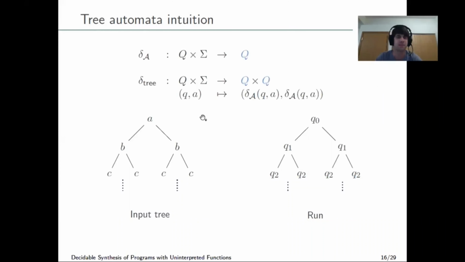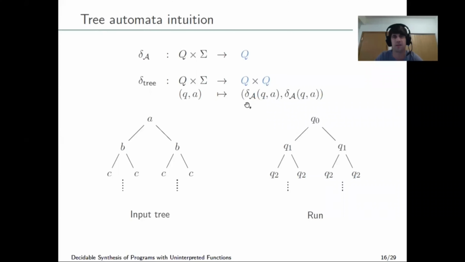We can contrast this with the transition function for a word automaton, like A. Here I'm writing a possible transition function for a tree automaton, delta tree. And I've written it so that it simulates A on each of the branches of an input tree.